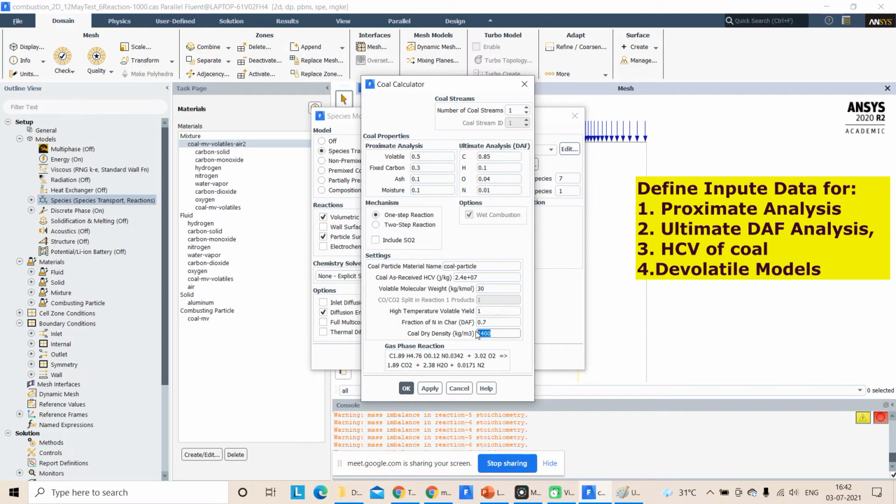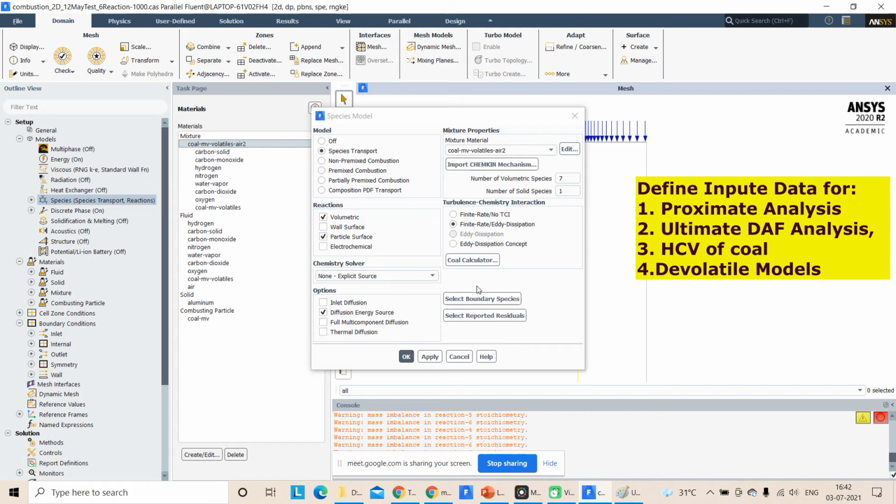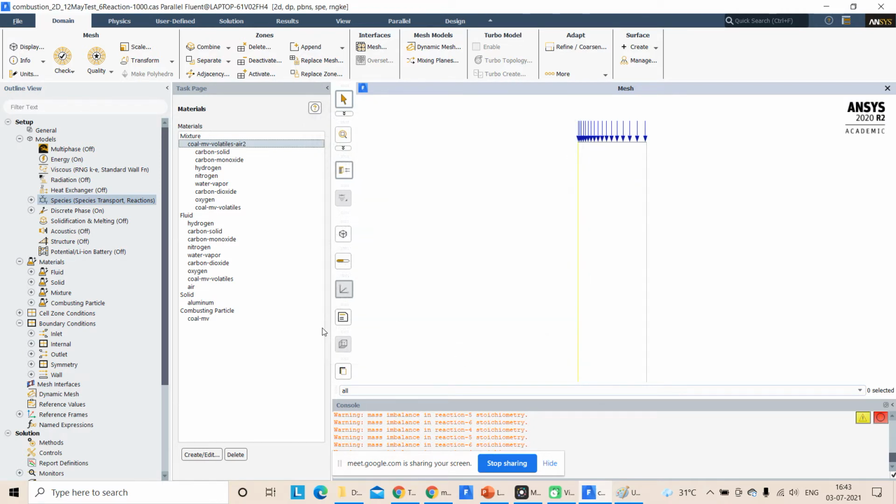This is also applicable for wood fuel or biofuel; they can use this template, and here they have given the gas phase reaction. We can use that. After setting the chemical kinetics, fuel composition, and then the thermochemistry interaction model, the next step is you have to go to the material library.